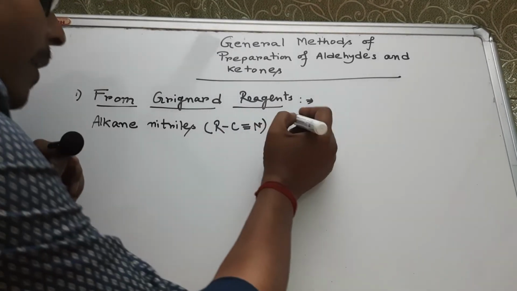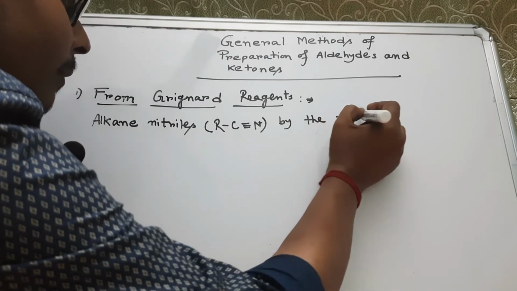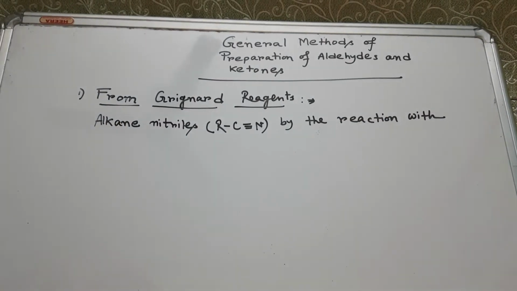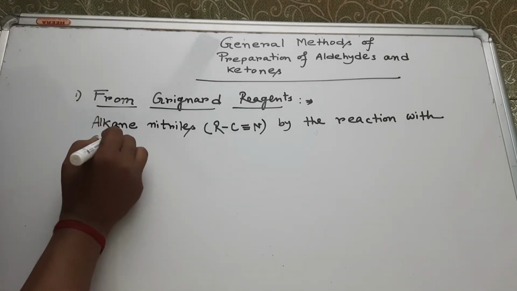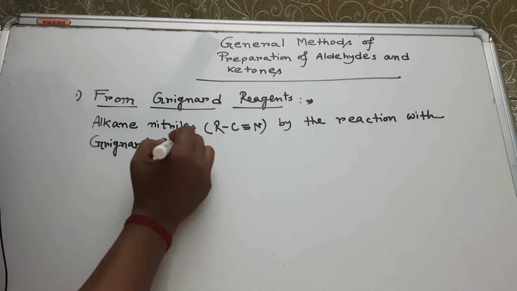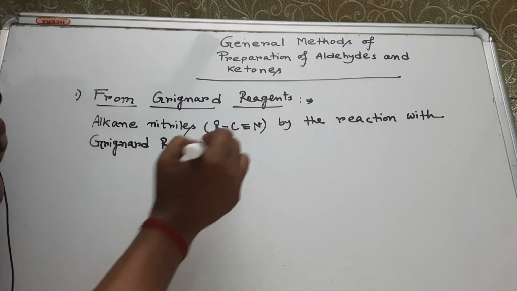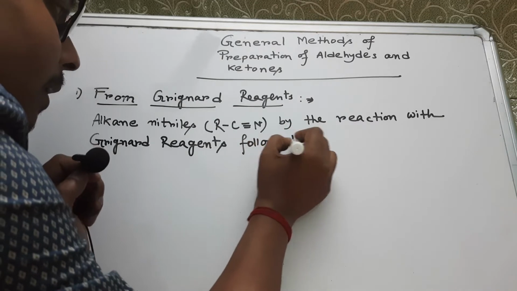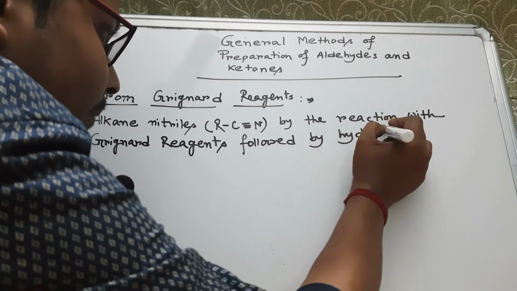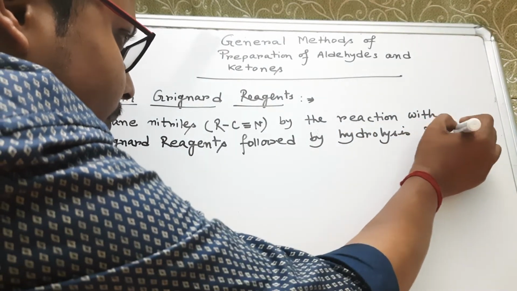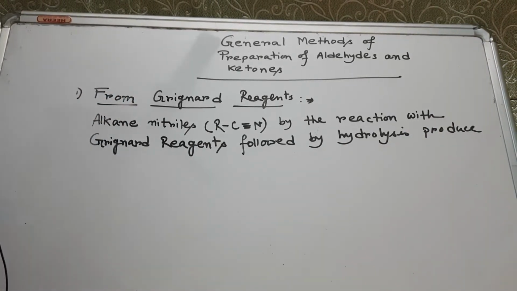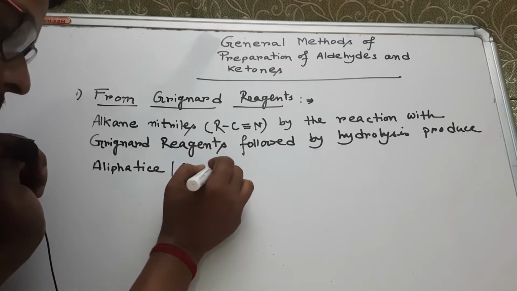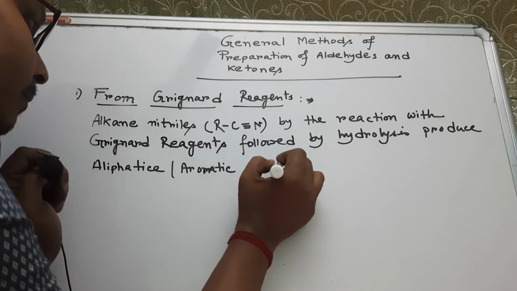Alkane nitriles, by the reaction with Grignard reagents, followed by hydrolysis, produce aliphatic or aromatic ketones.